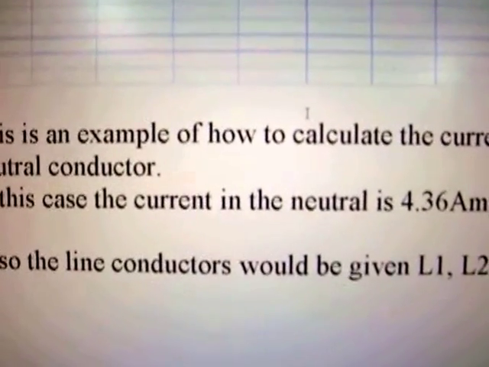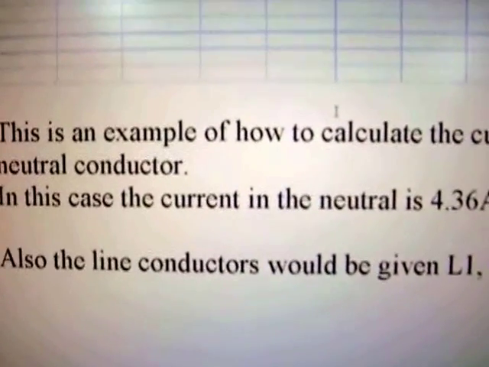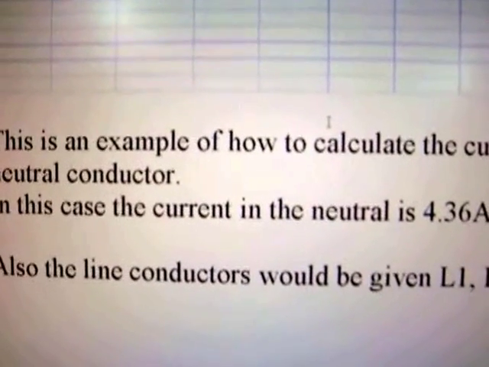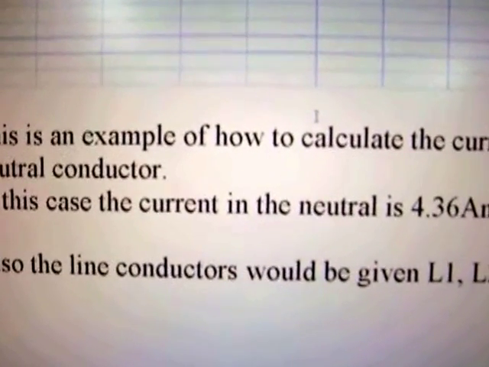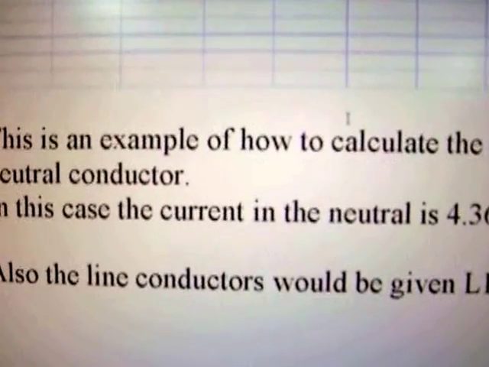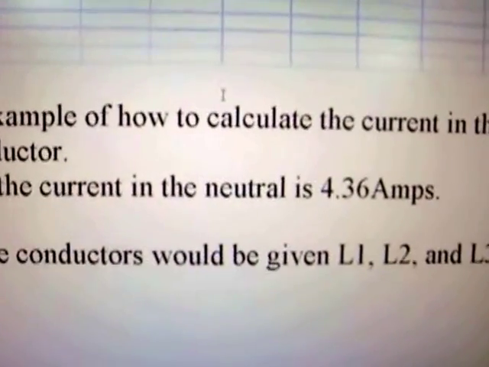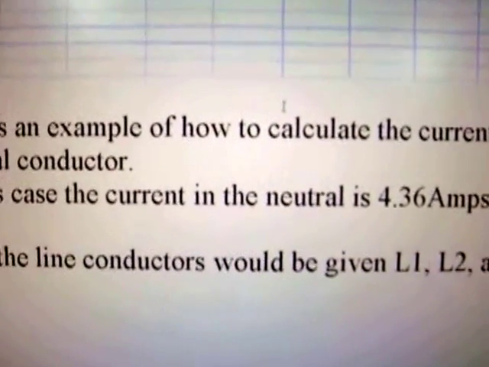Now this is an example of how to calculate the current in the neutral conductor. In this case, the current in the neutral is 4.36 amps. Also, the line conductors would be given as L1, L2 and L3.